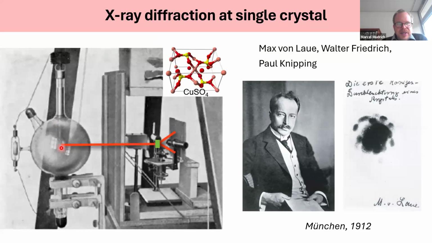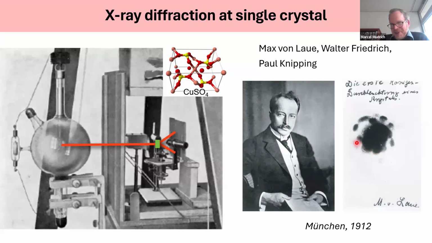And they made this radiation quite monochromatic by filtering out one characteristic line out of the X-ray spectrum that was emitted from the tube, sent it on a copper sulfate sample, and detected the scattered radiation on a photoactive plate. And that was then the diffraction image that they measured at the time.